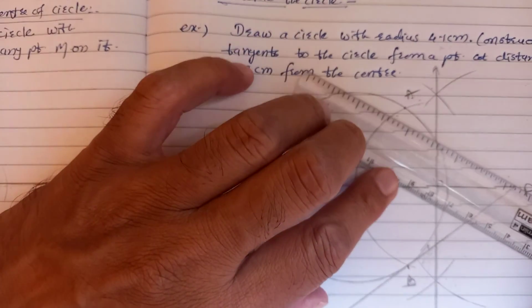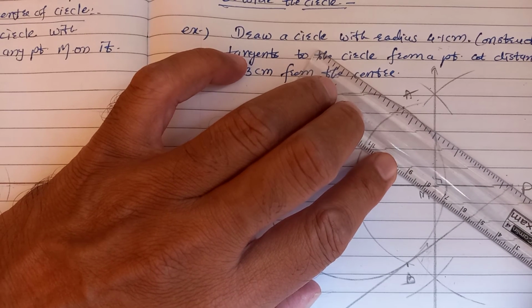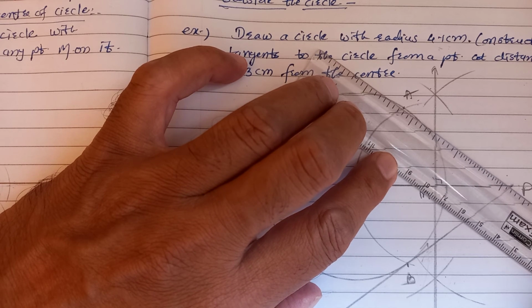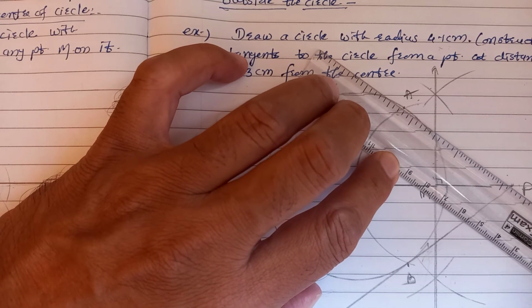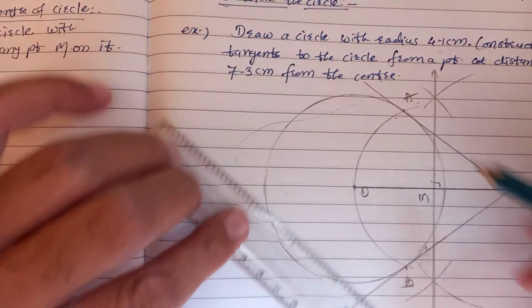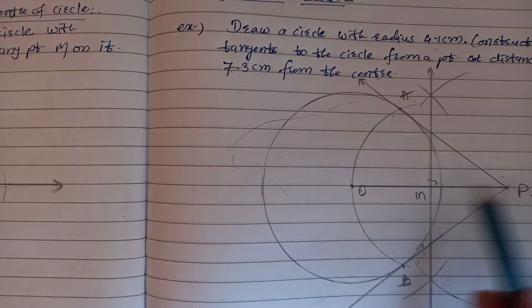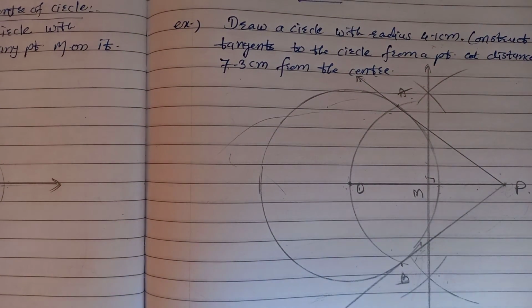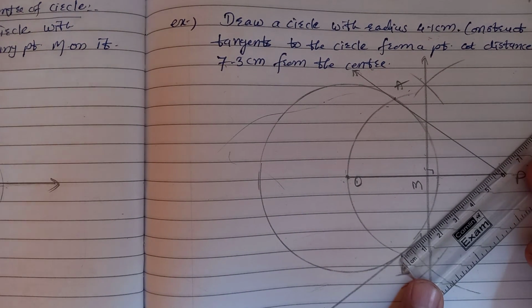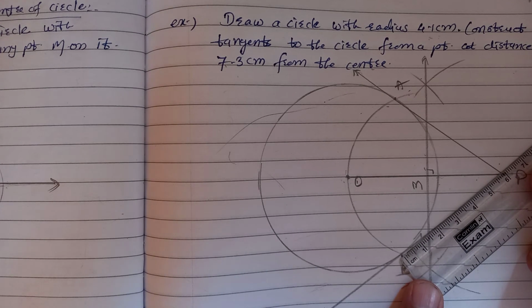Then from point P and point A, the touching point, you have to draw another tangent. So these are the two tangents we have drawn from a point lying outside the circle.